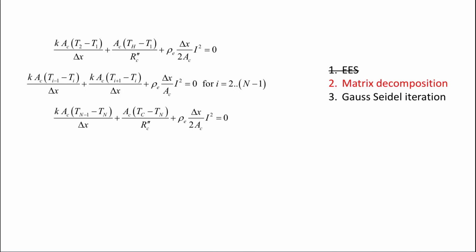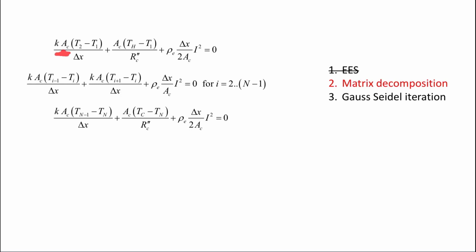What does linear mean? In this context, it means that if you look at every place that T appears, T is only multiplied by constants. It's never multiplied by itself. It's never multiplied by another variable. If you look through these equations, we see K, AC, those are constants, at least at the position we're evaluating them.